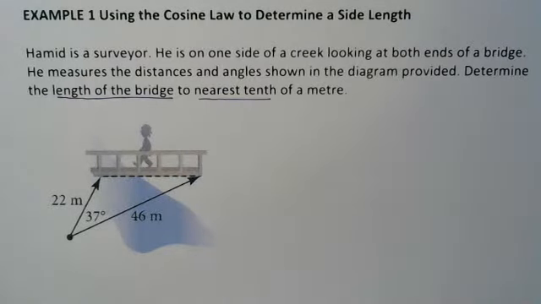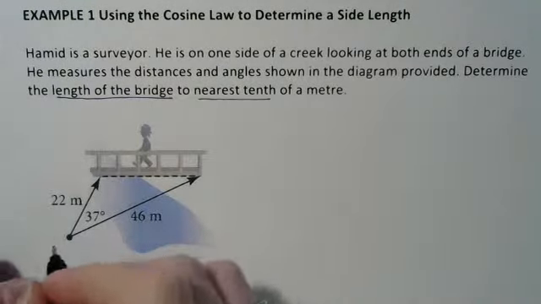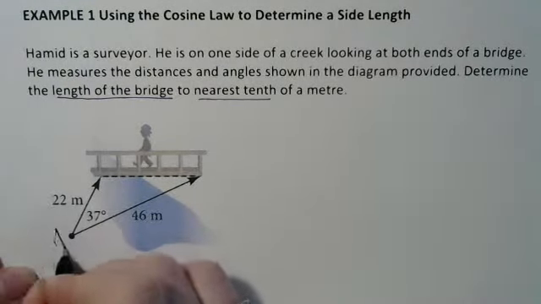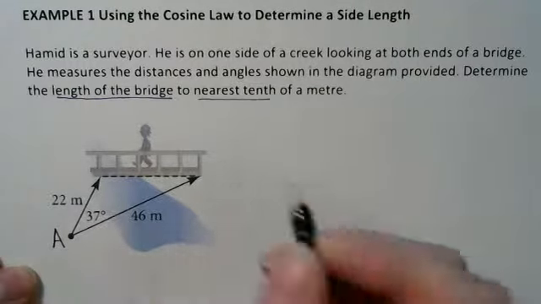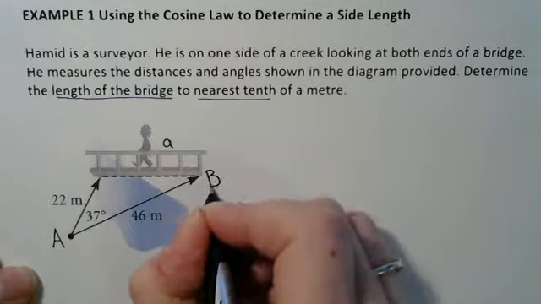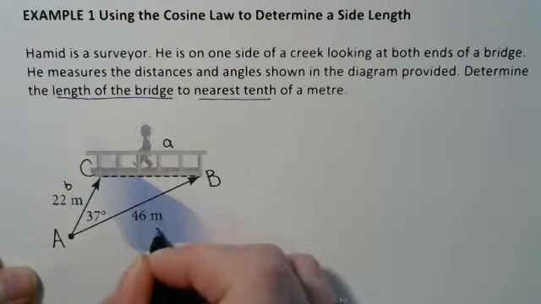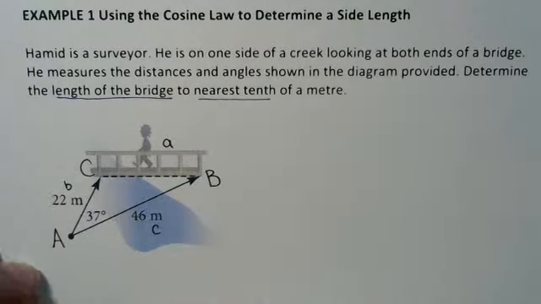How do we find it? Remember, we've done this before, always start by labeling your triangle. Okay. So if we want to use our ABC, let's call this angle A, then this is side length a, b, b, c, c. So we've labeled our triangle.